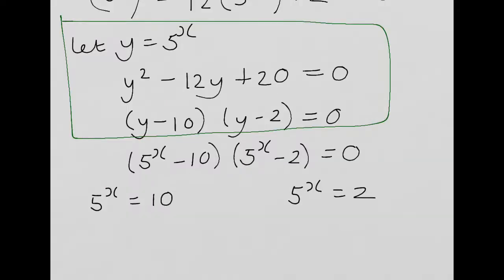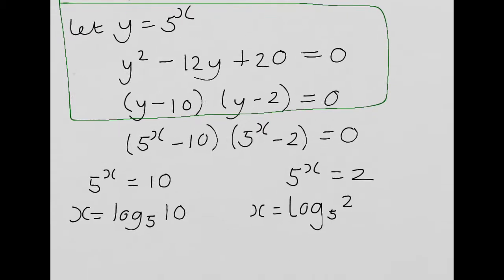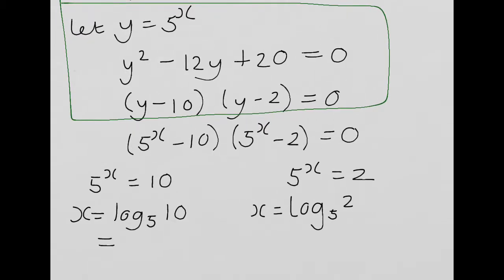So if you were using your calculator and you could remember where the correct buttons are, you can write that log to the base 5 of 10 is x, and this one would be log of 2 to the base 5 is equal to x. You would get those two solutions out and they would be 1.43 for this one or 0.431 for the second one.